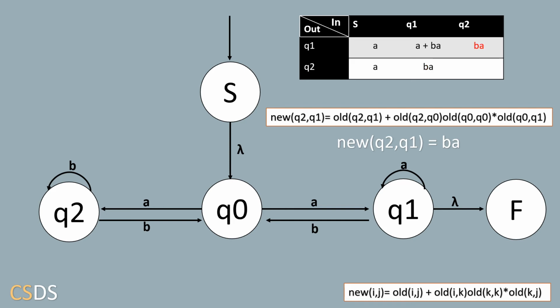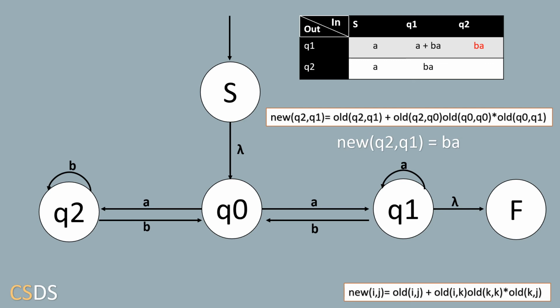Now we'll find the new transition from Q2 to Q1. First we see if there is an old transition from Q2 directly to Q1, and there is no transition like that. So we continue according to the formula.